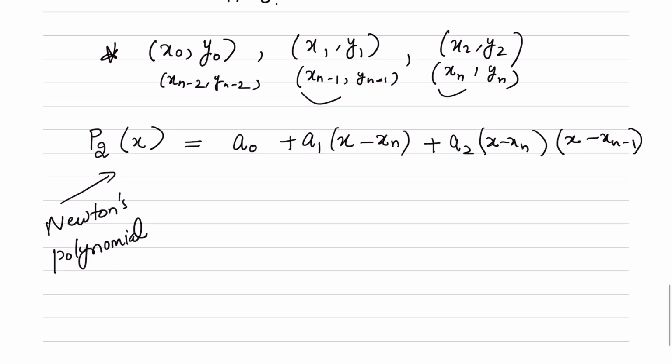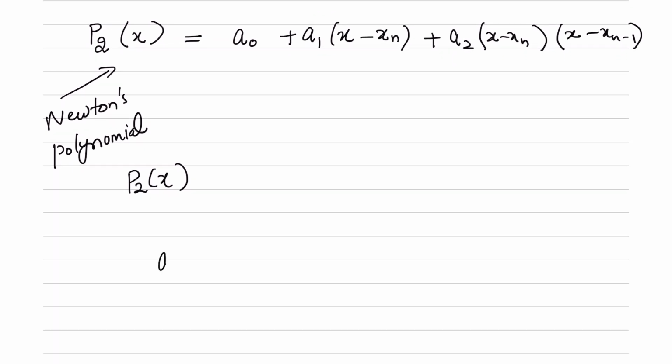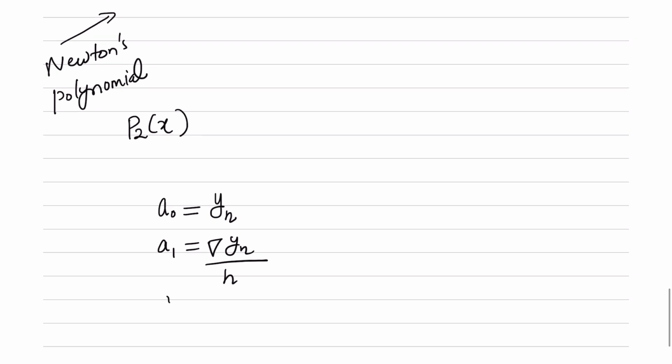This is just the Newton's polynomial for backward interpolation. But now we are going to change this Newton's polynomial into backward difference operator form. For that, we just have to write the values of a naught, a1, a2. So a naught in backward difference operator form we now know as just the last y, which is yn. a1 is backward yn over h, and a2 is backward square yn over h square 2 factorial.